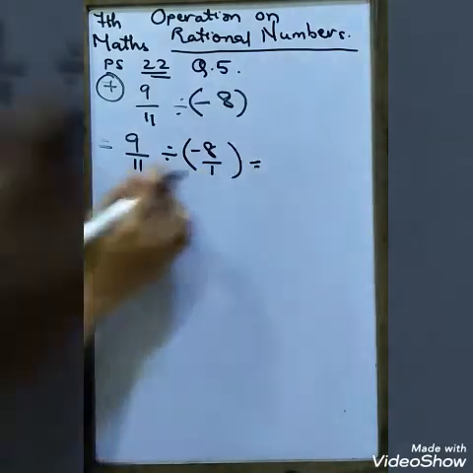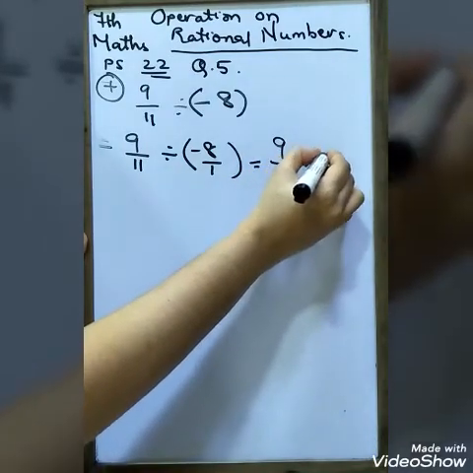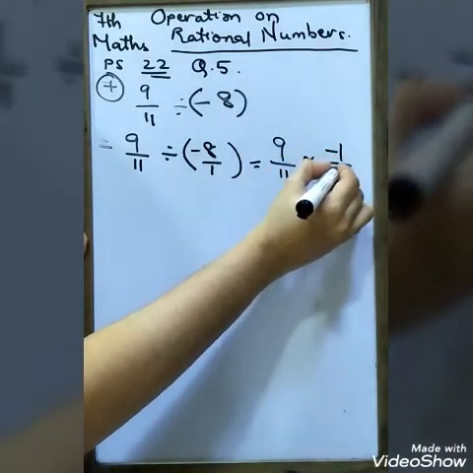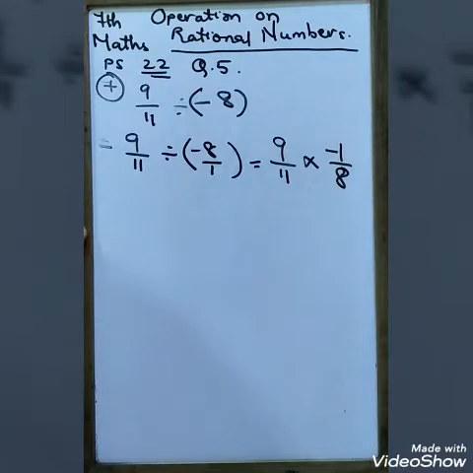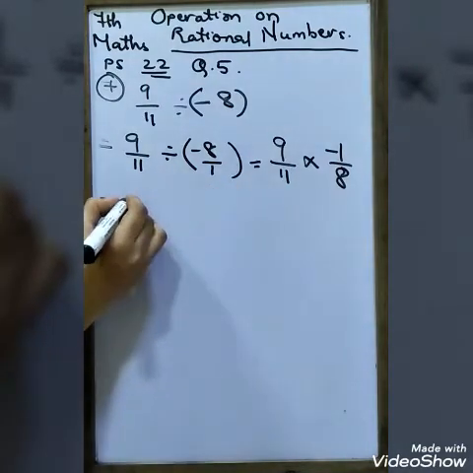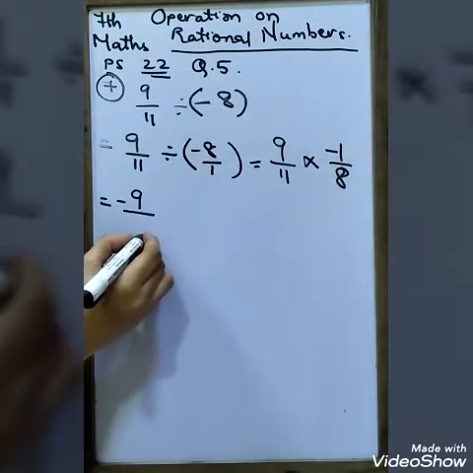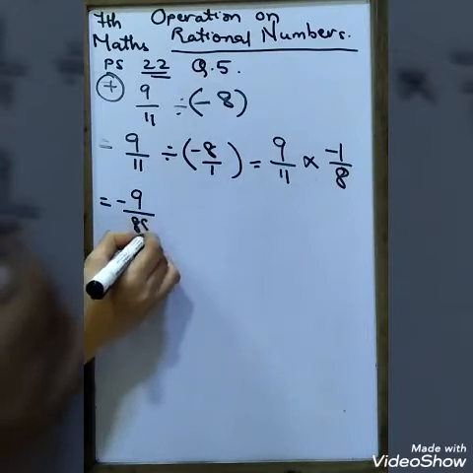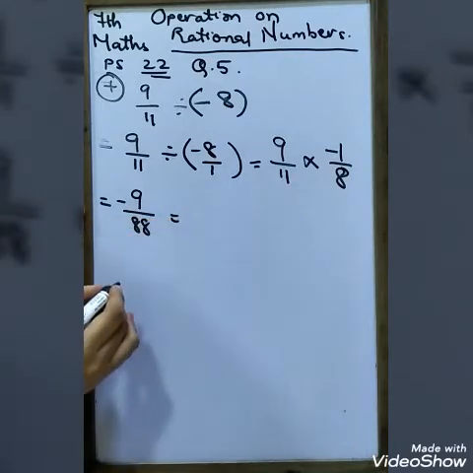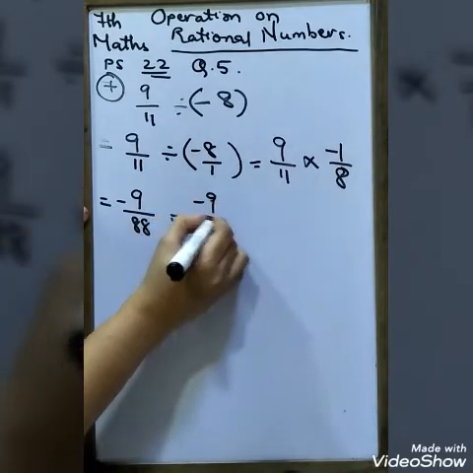Then 9 upon 11 into minus 1 upon 8 will come. 9 1s are 9 with the minus sign, and 11 8s are 88. So the answer is minus 9 upon 88.